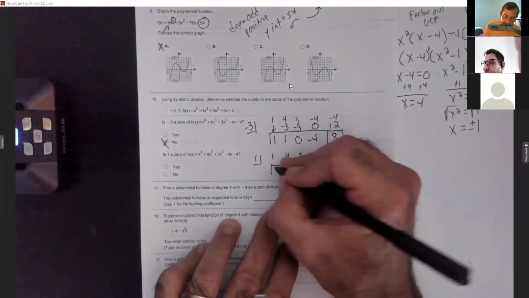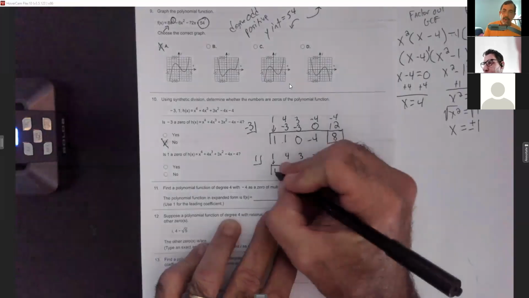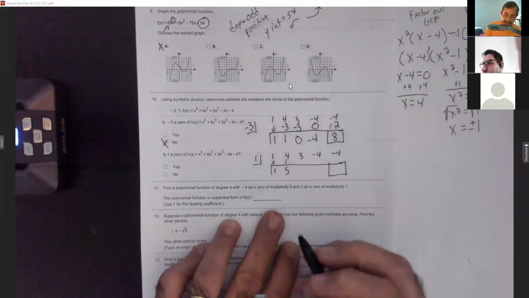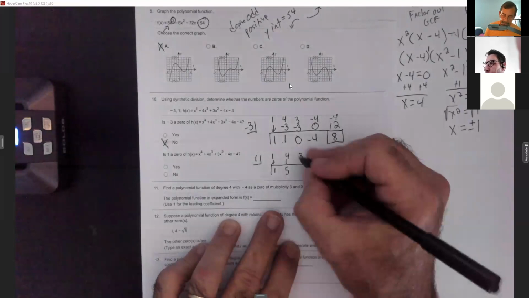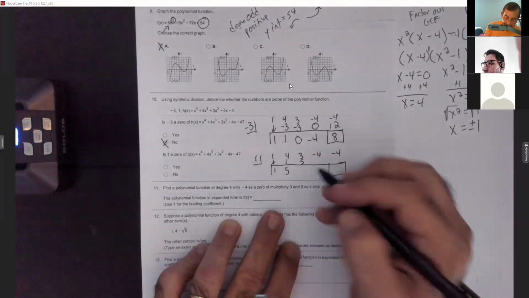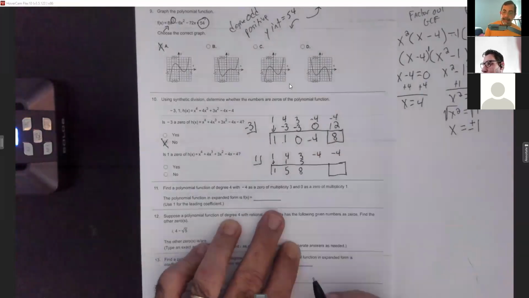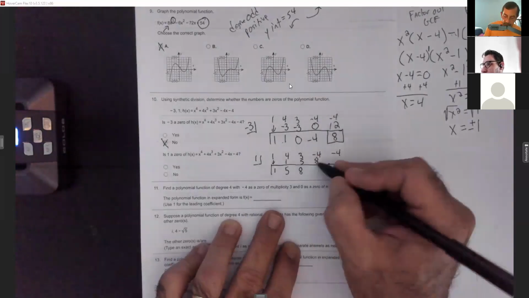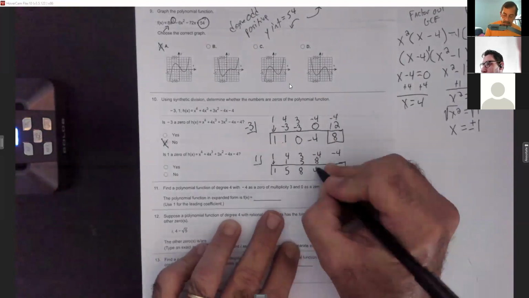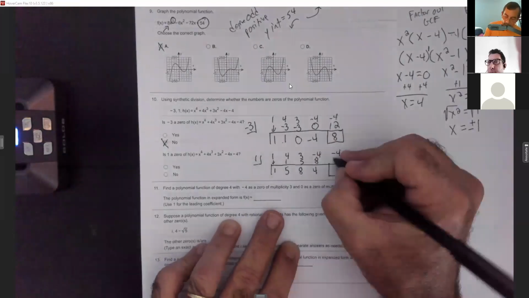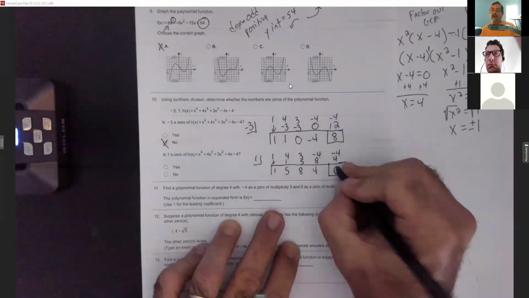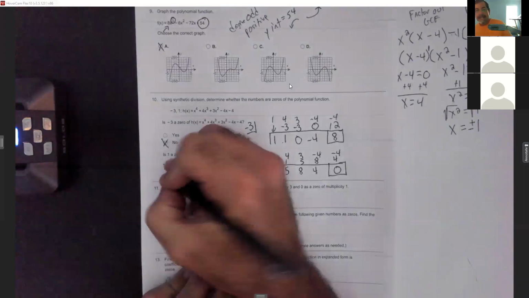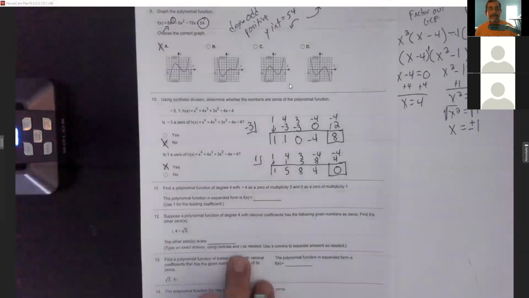We bring the 1 down. 1 times 1 is 1. 4 plus 1 is 5. 5 times 1 is 5. 3 plus 5, 8. 8 times 1 is 8. 8 minus 4 gives you 4. And then 4 times 1 is 4. So I get a 0 remainder. So that means yes, 1 is a 0 of that polynomial.